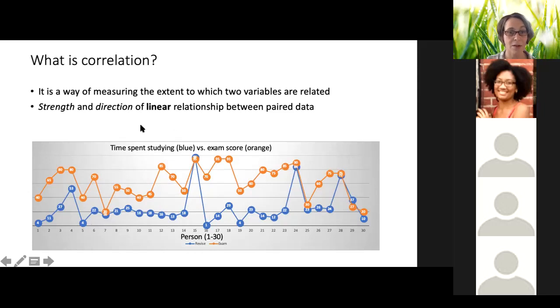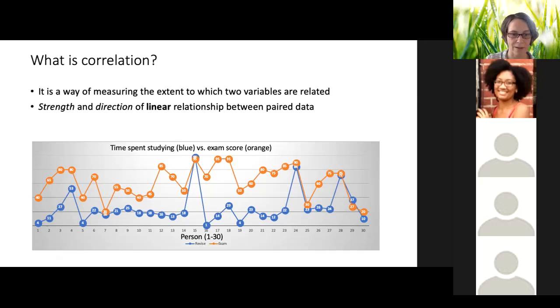A correlation measures both the strength and the direction of a linear relationship between these paired data points. Paired means they come from the same observation units, or they're related for a different reason, for example if these observation units are matched.